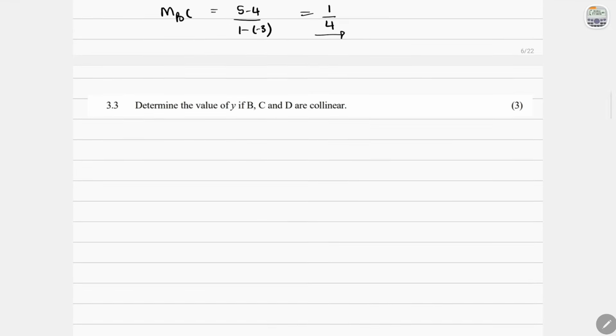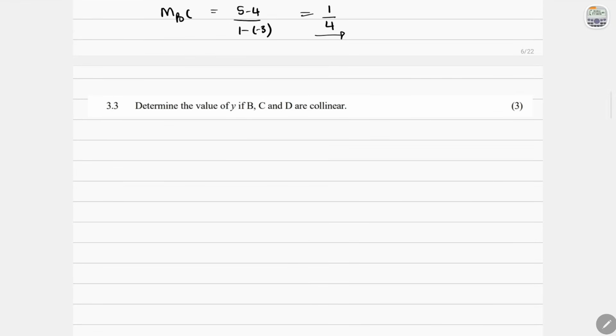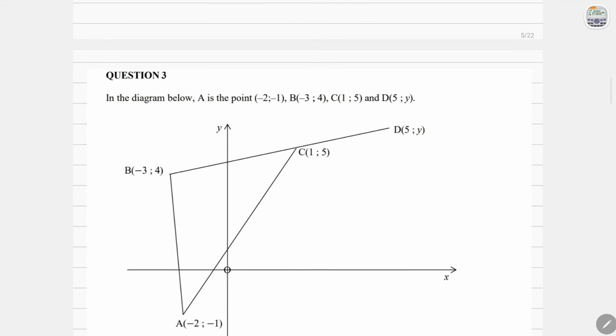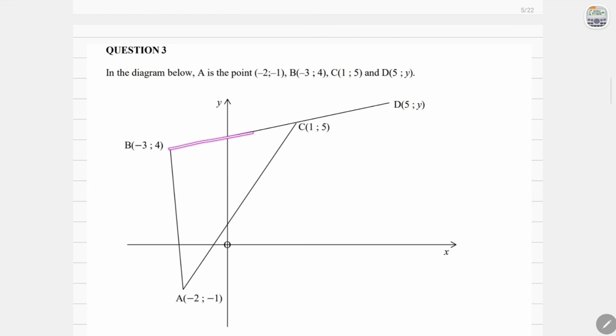Question 3.3 says, determine the value of y if B, C, and D are collinear. They're collinear, meaning they lie on the same line. If they lie on the same line, then the gradients would be exactly the same because this is one line, so the slope is the same all through. So how we can find y, it's just one missing value.